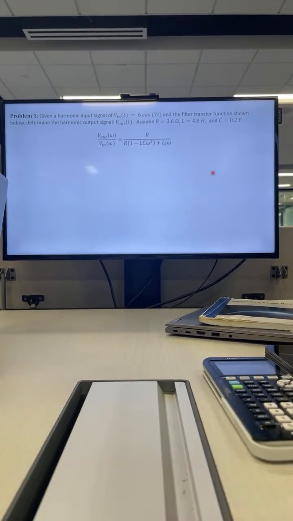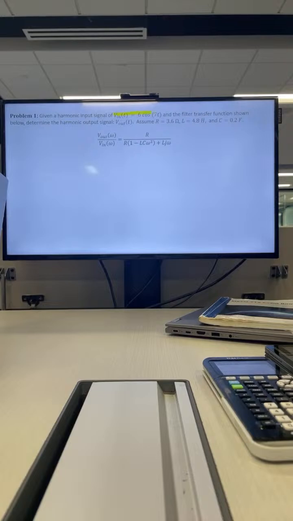Now, read the problem, discuss with your teammates, and find the output signal V out of t. You are given a sinusoidal wave, a cosine wave here.